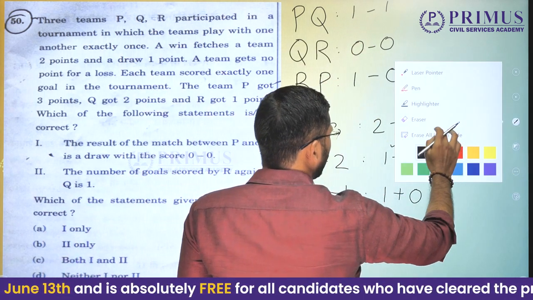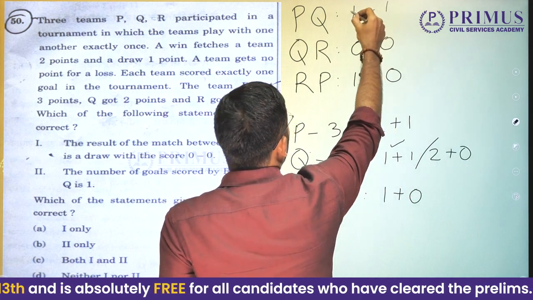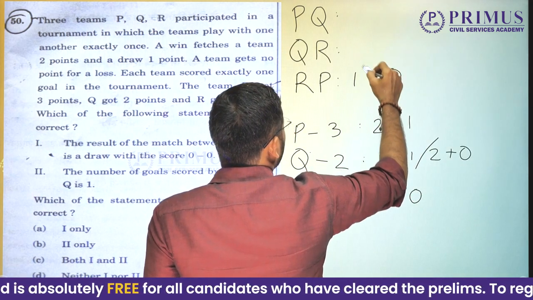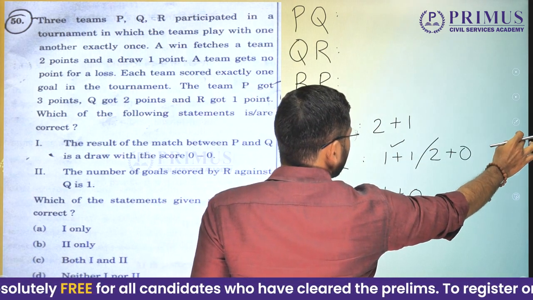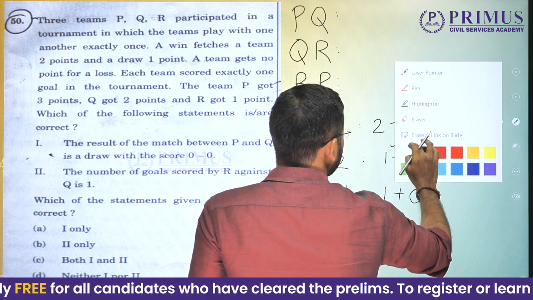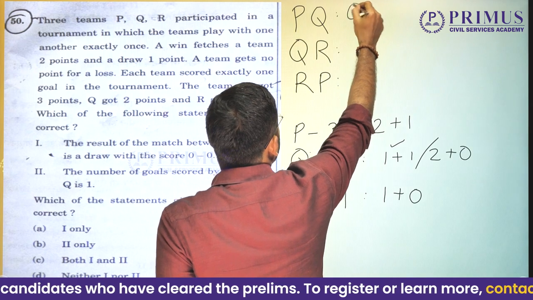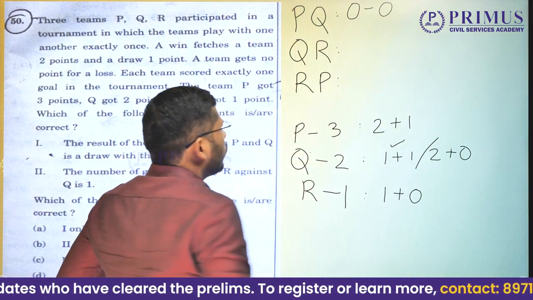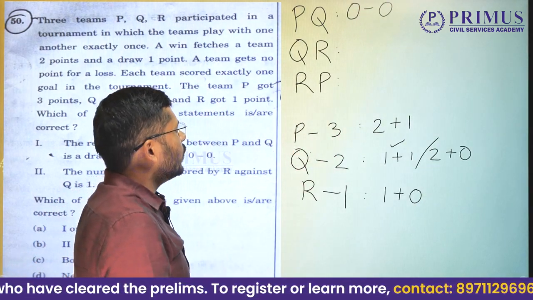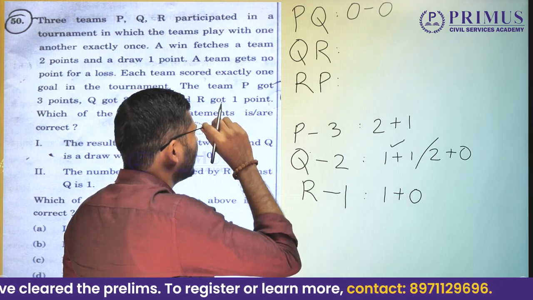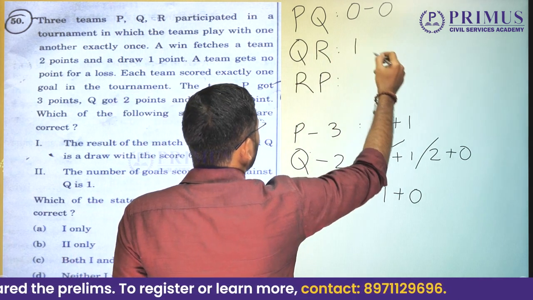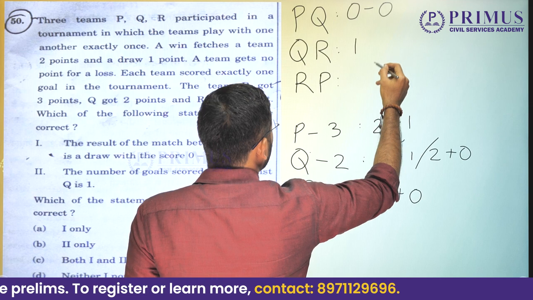So P and Q could have made a draw in another two cases. We will evaluate all the possible scenarios and see which one holds good. So let us say P and Q both scored 0 and still made a draw. Then Q has to score a goal here and P has to score a goal here.